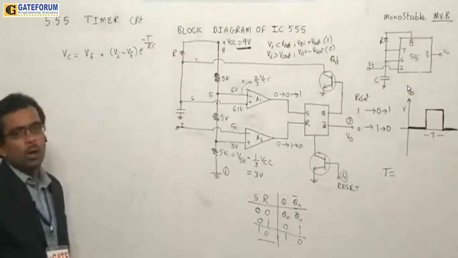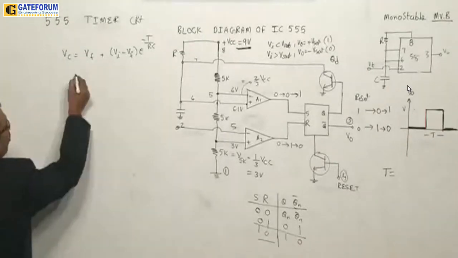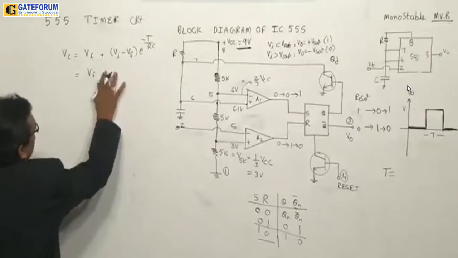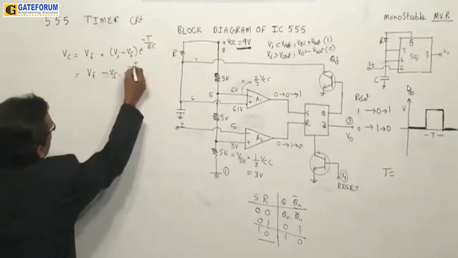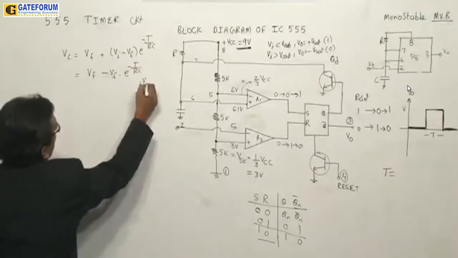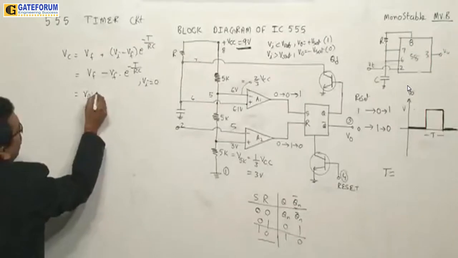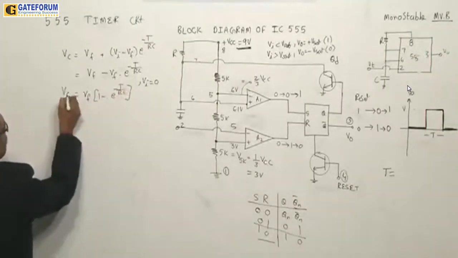The capacitor will charge up to a certain value, and the initial voltage of the capacitor is 0. Then I am going to get Vf minus Vf into e power minus t by RC, because Vi equals 0. So take Vf common, I am going to get 1 minus e power minus t by RC.